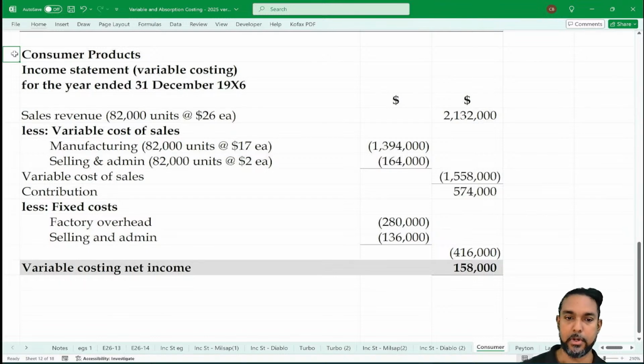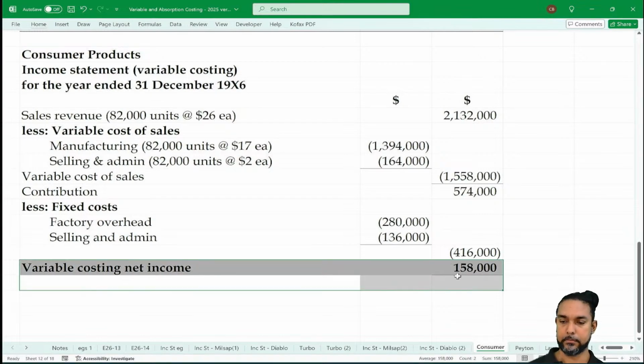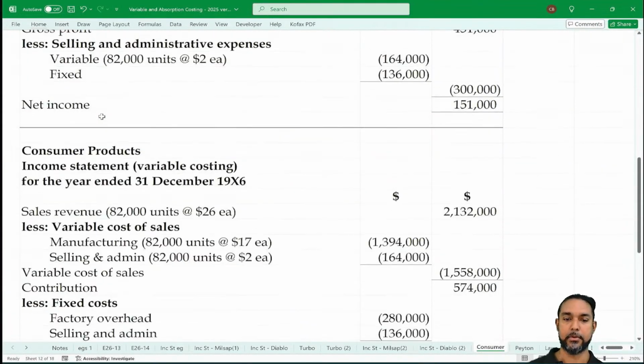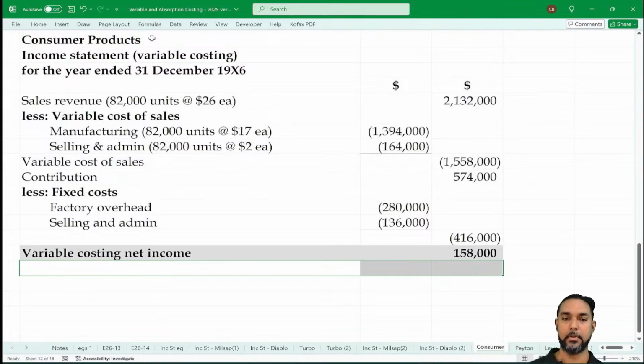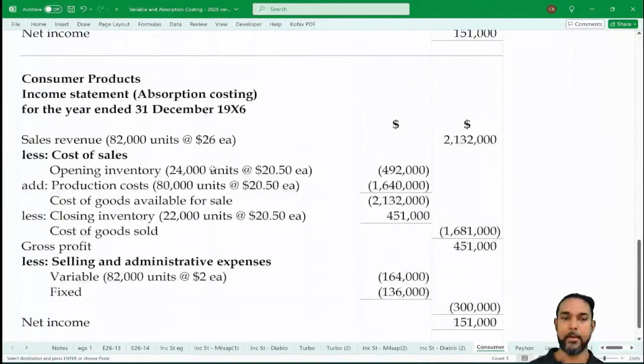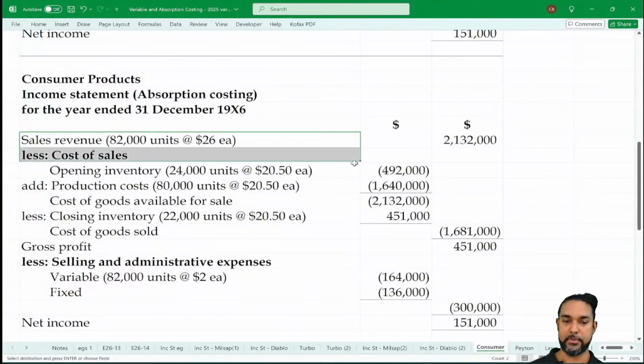Right, okay, so I'm going to pull this, copy this, put that here, and copy this.